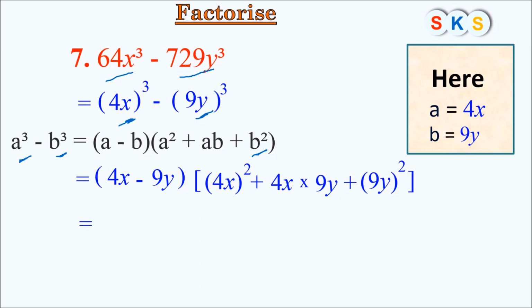The first bracket cannot be simplified further, so we will write it as it is, 4x minus 9y.